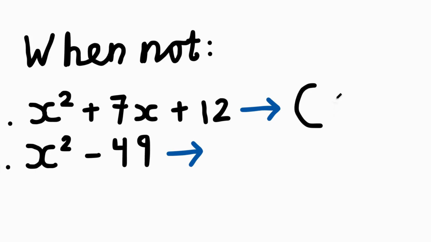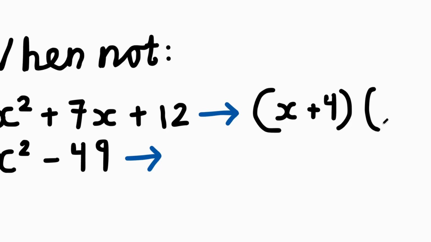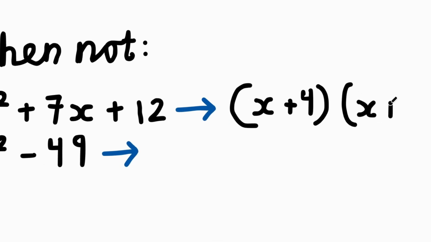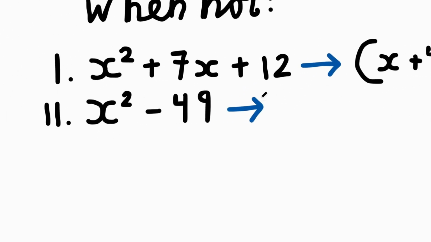So when looking at splitting the middle term, in the first question here, you can easily see that the factorized form would be x plus 4, x plus 3. If you can't see this quite quickly, either because you're still learning, you're a beginner, or if you think you know how to factorize but just didn't have time to do it, go back to my last video because you need it.